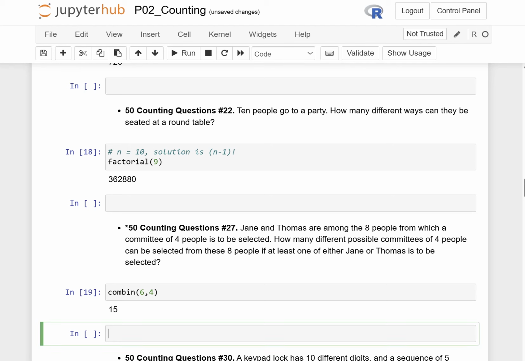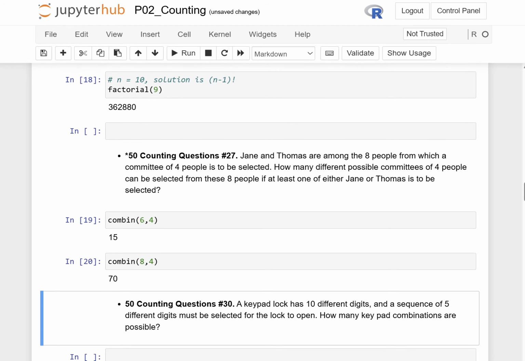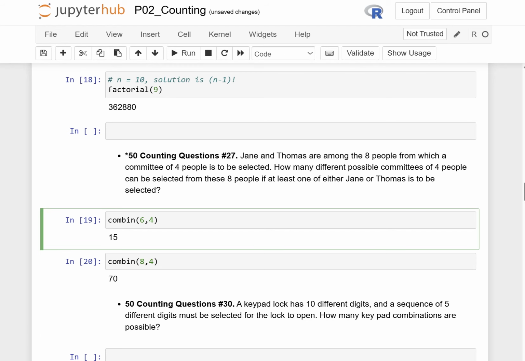and what's the total? The total number of things, what are we doing? From 8 people, we're selecting 4, right? So 70 ways to select the committee, 15 ways that neither Jane nor Thomas is among them, right? So I actually am doing combination 8 choose 4.